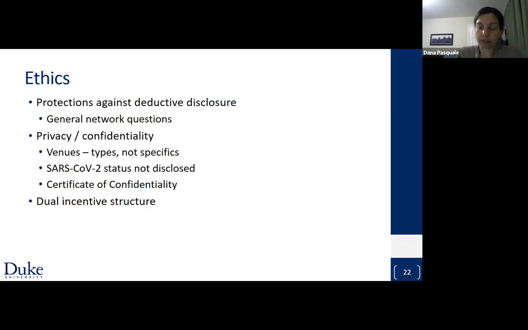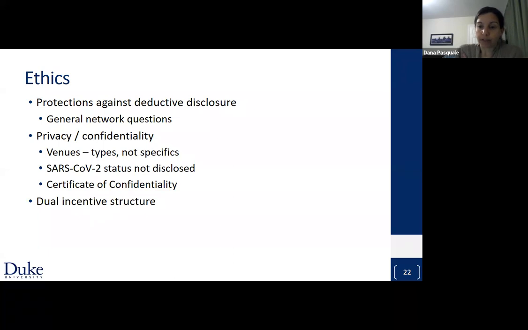So we wrote a justification for why we were doing it, including citing the small amounts of compensation that wouldn't be coercive relative to other study procedures, to other studies operating in the community at the same time, other COVID studies, and studies within the specific populations.